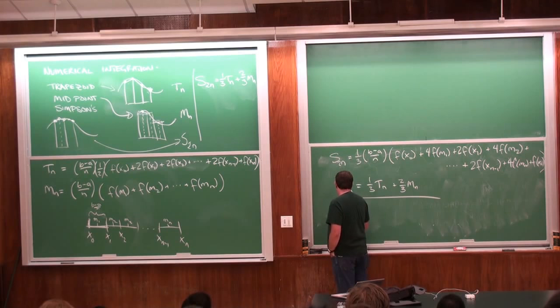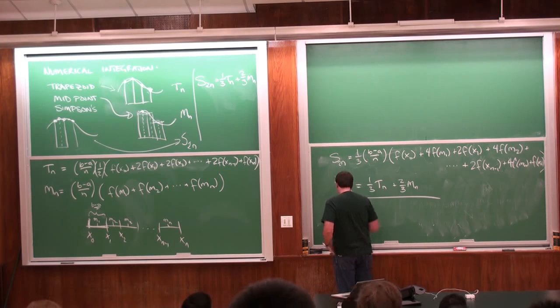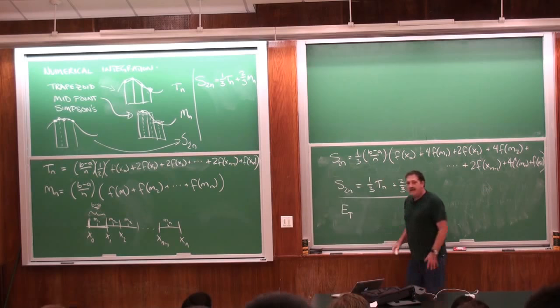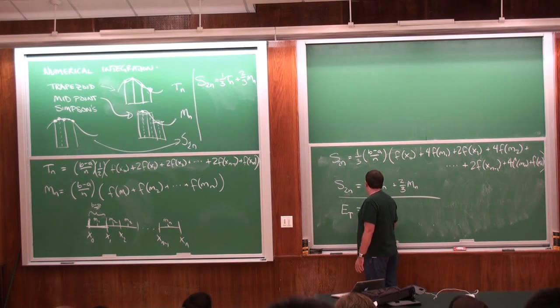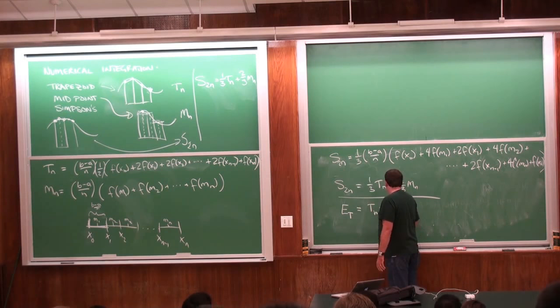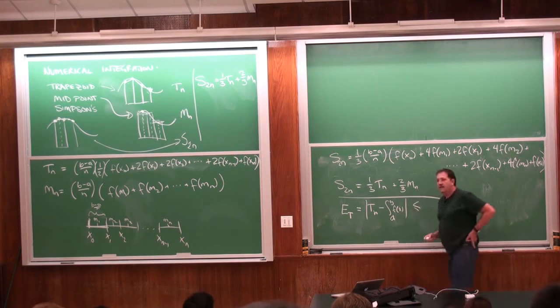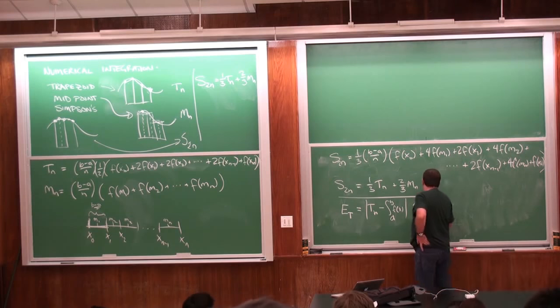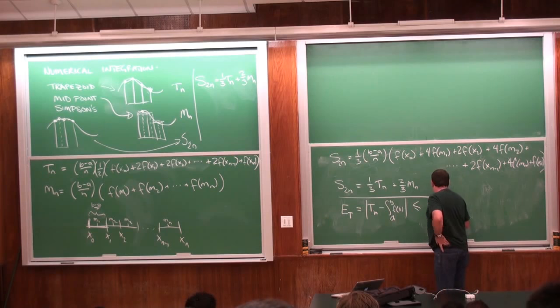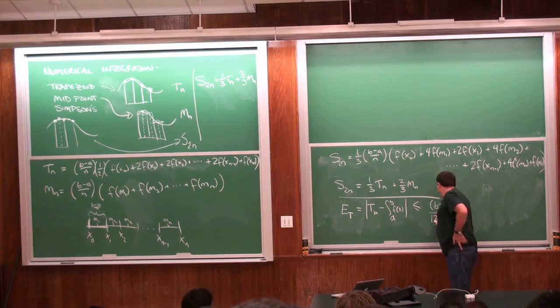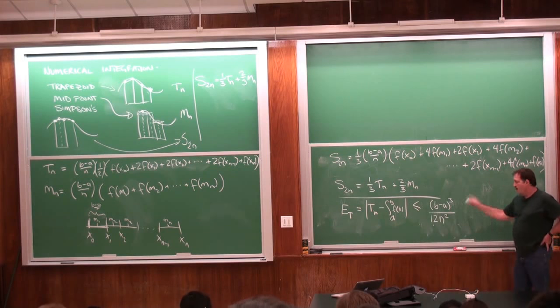So, E sub t, by that I mean the difference between the trapezoid and the actual value, is always less than the width of the interval to the third divided by the number of points you're using squared, and I think this is the 12 for the trapezoid.